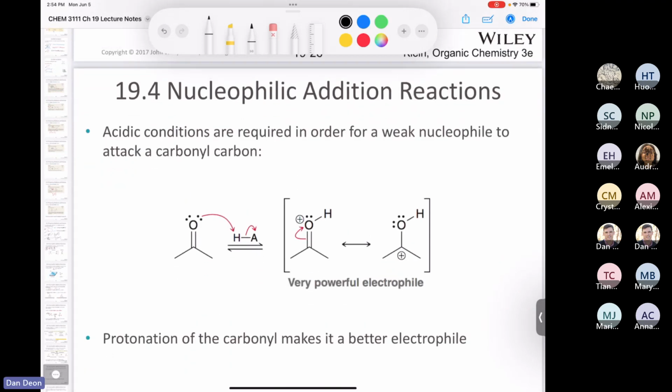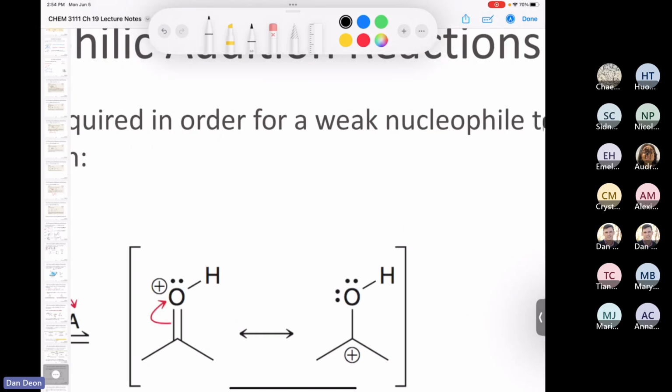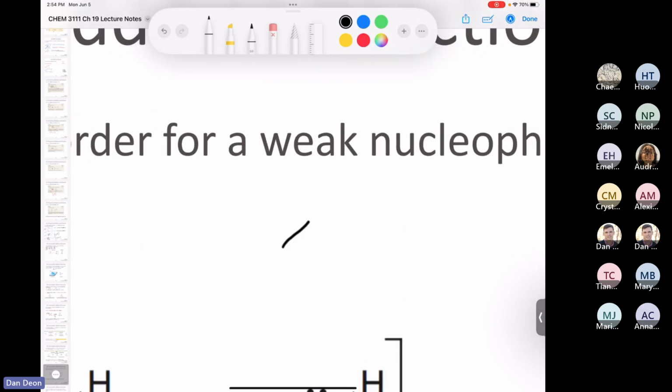So again, if you want to react a carbonyl with a weak nucleophile, it's got to be protonated first, because we have a very powerful electrophile when we protonate. Okay, so hopefully we all will remember that now. If I was to try this with you one more time before we move on, if we had just a regular old carbonyl versus an oxonium ion, which one of these is going to be a more powerful electrophile?